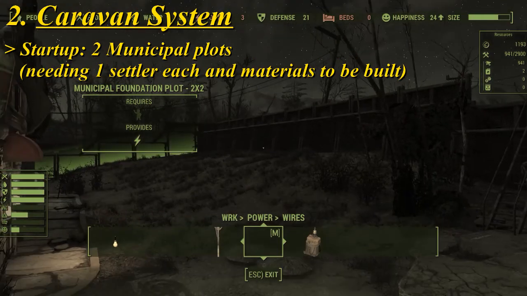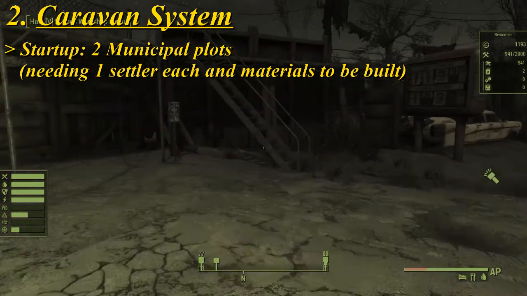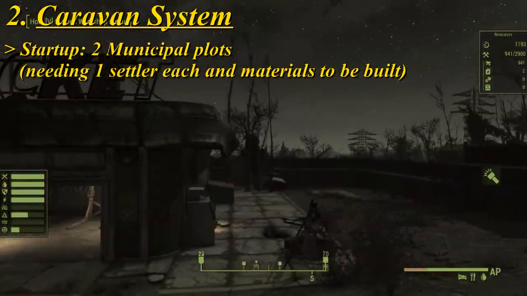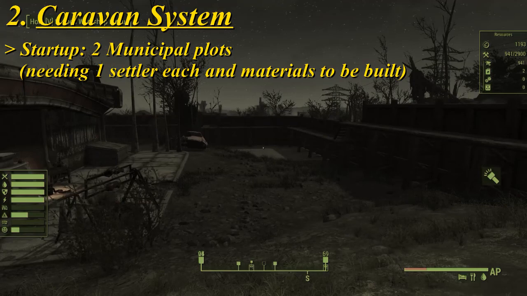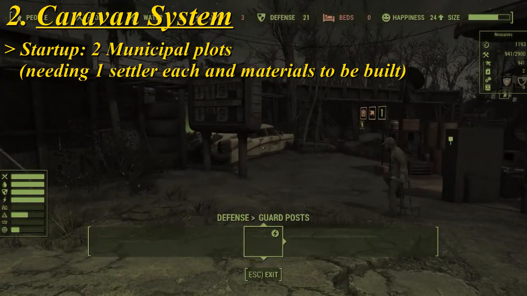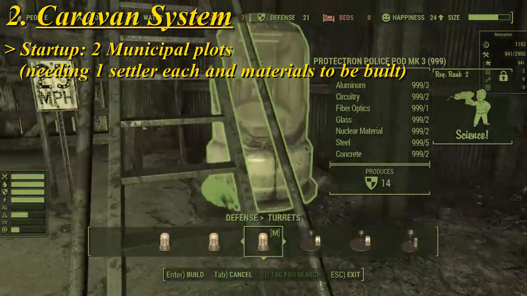And since those settlements aren't linked yet, you need to move those resources manually to the new settlements in order to, first of all, build the plot. Secondly, you need a settler to build the plot, and then you need materials to build the plot up and make it functional. So it's already a crick in the neck in setting up compared to the provisioner system.